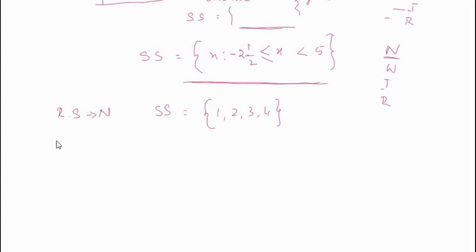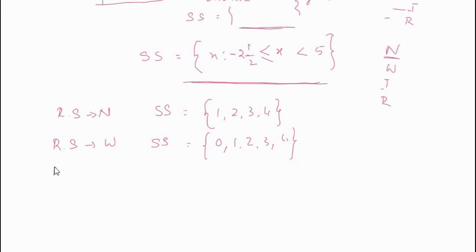Now let the replacement set be W, then the solution set. This is simple. You need to add an additional number 0 here, because x is greater than or equal to minus 2.5, but whole number starts from 0, so you take 0 and then the numbers which are less than 5.